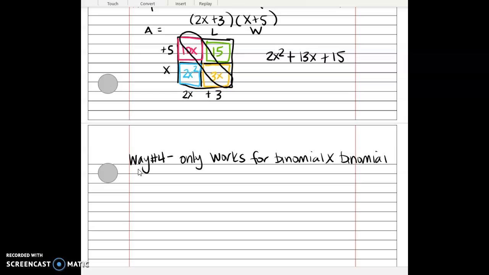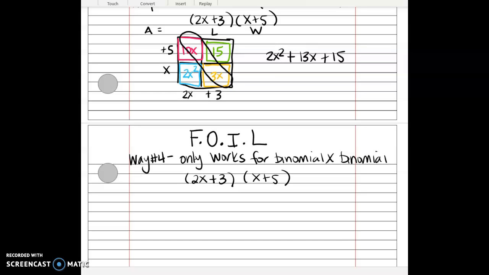And the method we like to call this, and some of you may have heard this before, is FOIL. F-O-I-L. So if we take a look at our problem, 2x plus 3 times the x plus 5, it literally tells you what to multiply, where, and when.